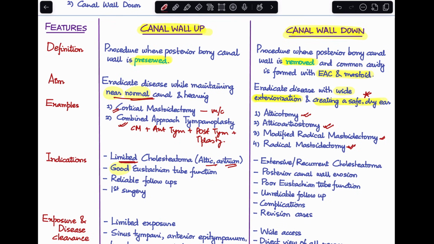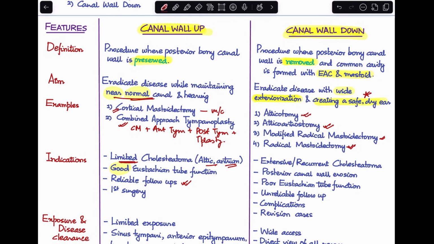We should also see if the patient is reliable to come for further follow ups or not, because in canal wall up surgeries, we need to look and follow up on the patient so as to see if there has been any residual disease left behind or how the patient is doing. So, reliable follow ups is one of the most important things you should assess when thinking whether to perform a canal wall up or a down procedure.